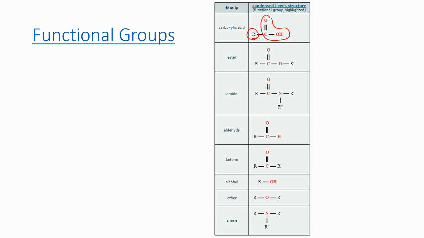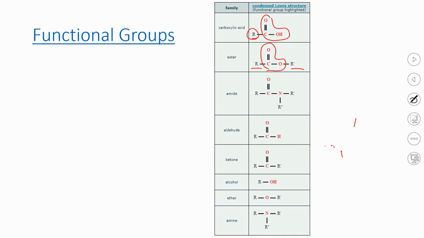The next one we're going to look at is an ester group. In an ester group, again, we see a carbon double bonded to an oxygen right next to an oxygen, and this is in a carbon chain, so we see this R group on both sides. An amide bond comes up in biology.